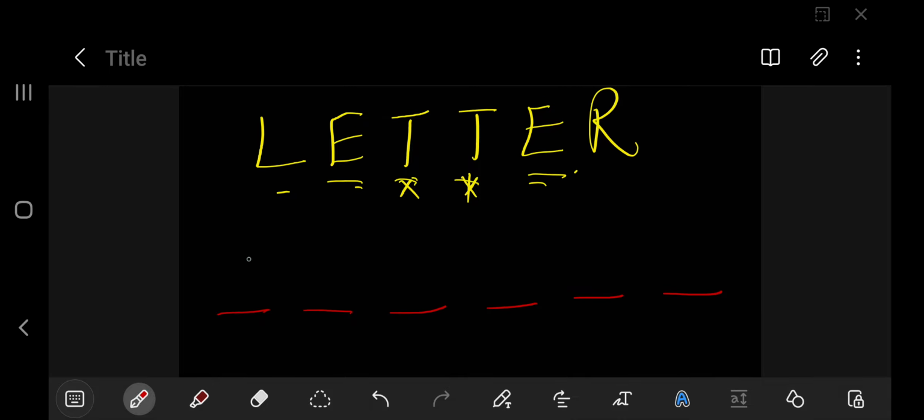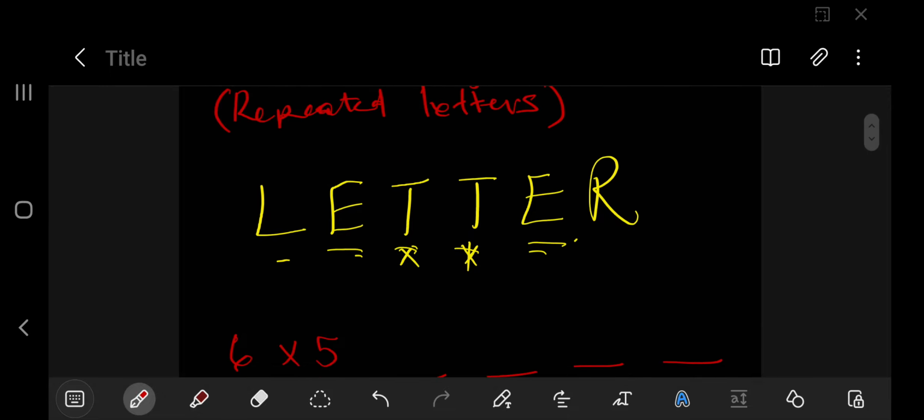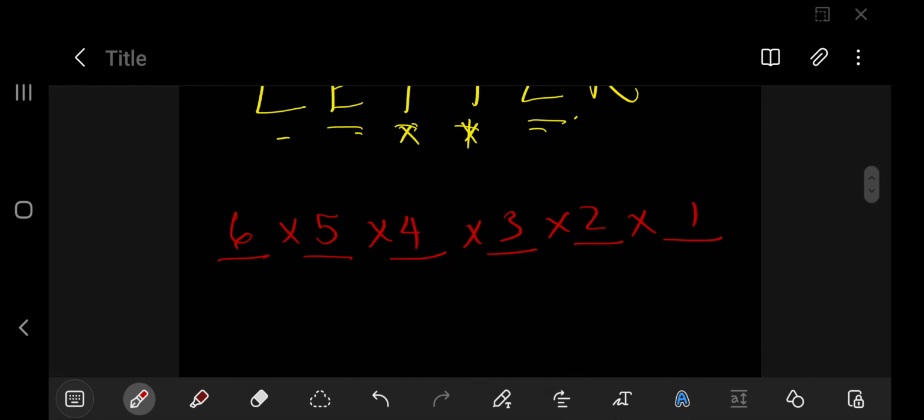For the first option you have 6 options, right? And for the second option, if there is no repetition, then you have 5 letters, right? You cannot repeat the letter. Then you have 4, you have 3, you have 2, then you have 1. So this is the same as 6 factorial, right?